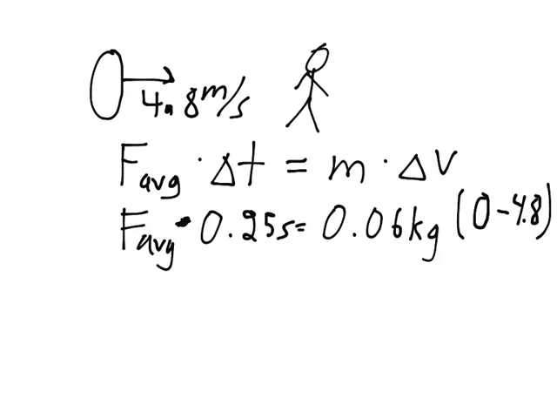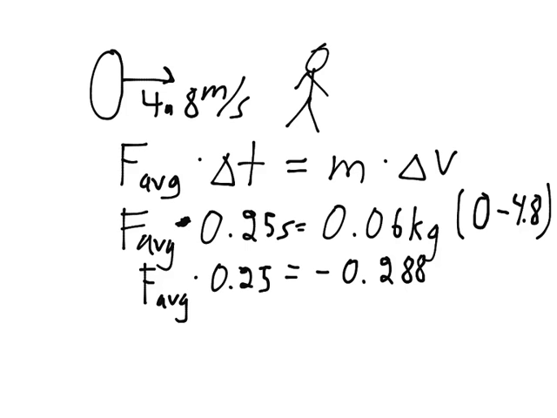And so now we can pretty much solve this equation. On the right-hand side, we'll have negative 4.8 times 0.06, which is going to be negative 0.288, is equal to the average force times 0.25 seconds.